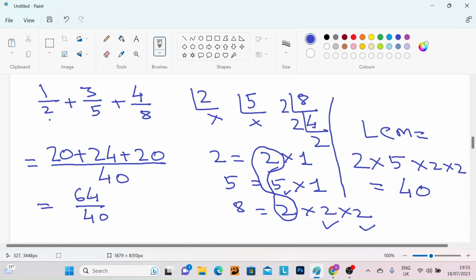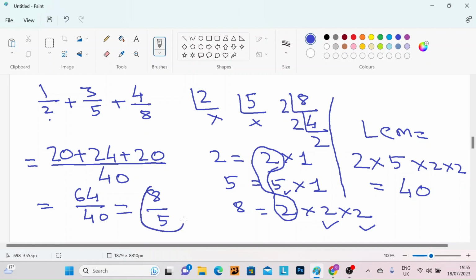Because if we divide 64 by 8, we get 8. If we divide 40 by 8, we get 5. So the result of this addition is 8 by 5.